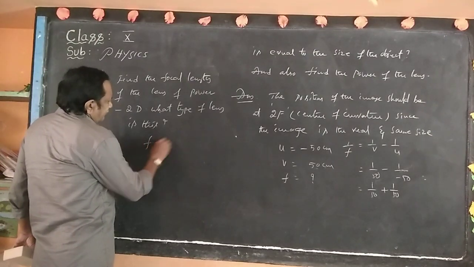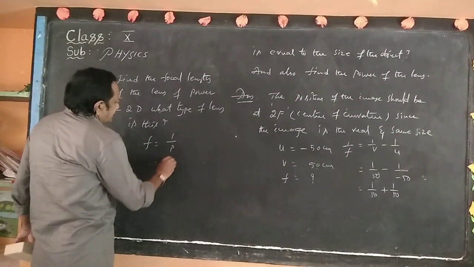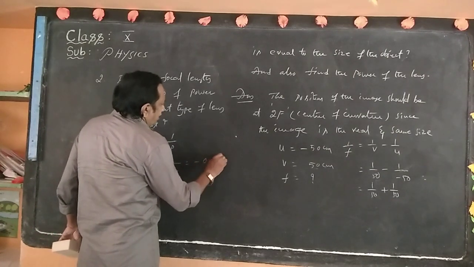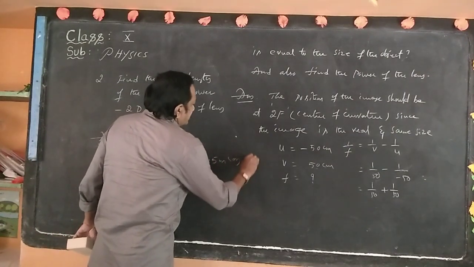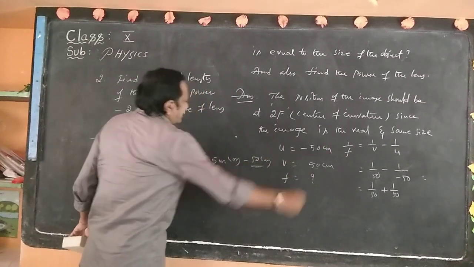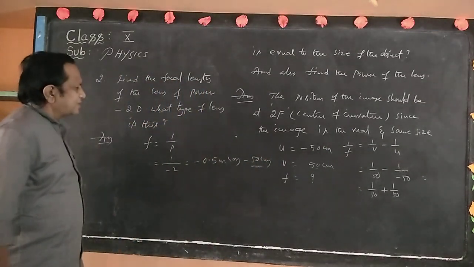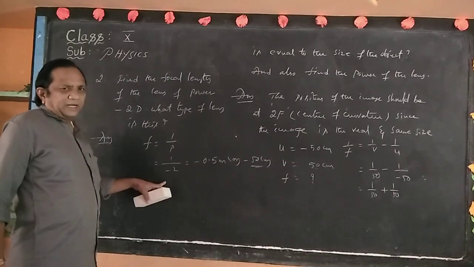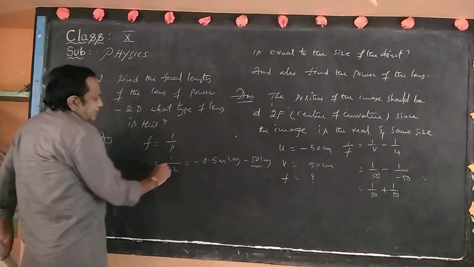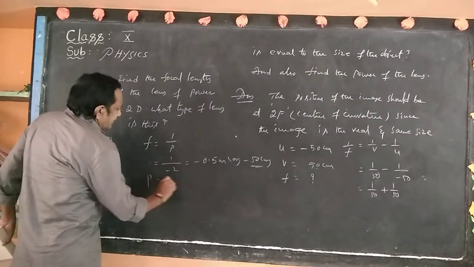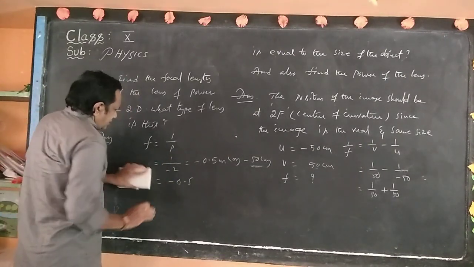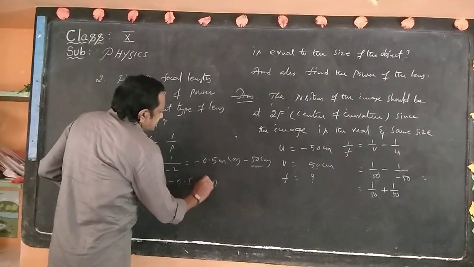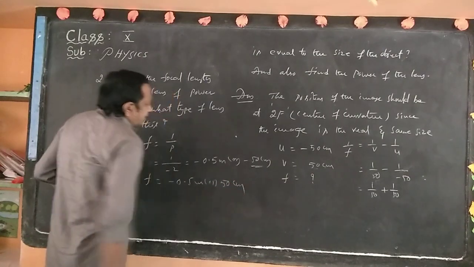Focal length f is equal to 1 by P, that is equal to 1 by minus 2, that is equal to minus 0.5 meters, or otherwise minus 50 centimeters. 100 by 2 means 50 centimeters, right? So focal length f is equal to 0.5 meters in magnitude, or sometimes it is given as 50 centimeters.